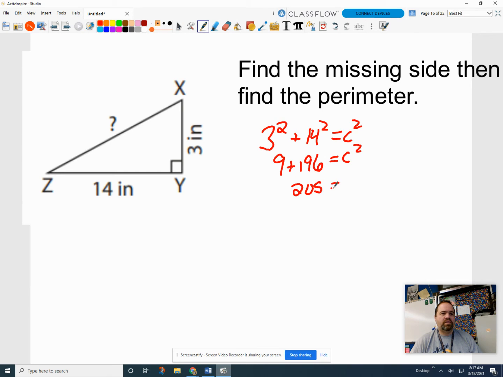Is that right? I'm going to double check my 14 squared there. Oh, 196. Okay. So the square root of 205 is 14.3. Where's my answer?